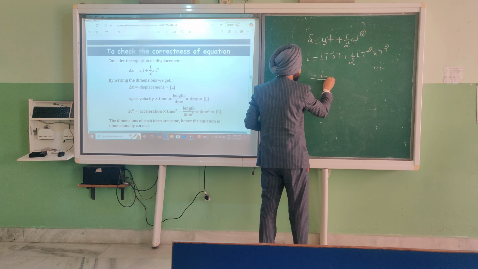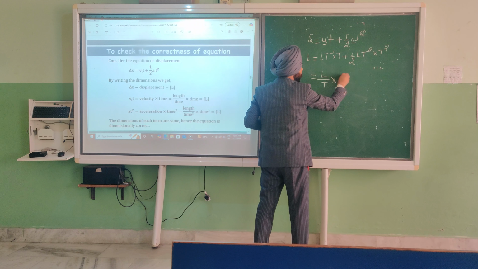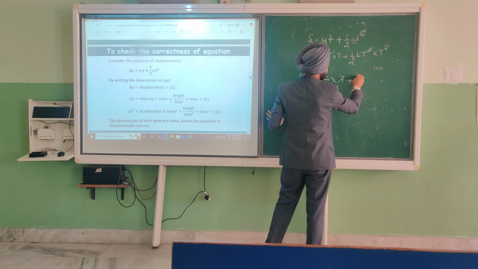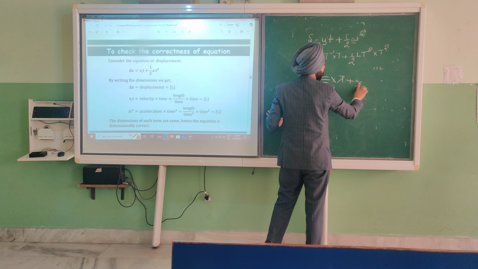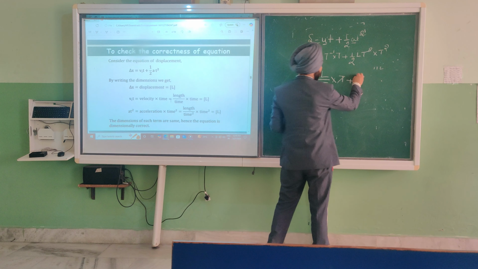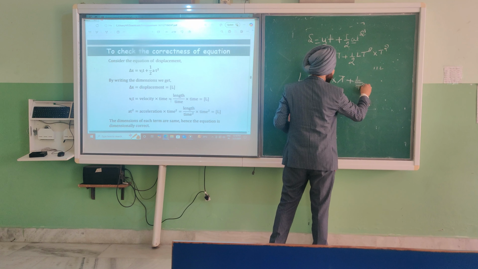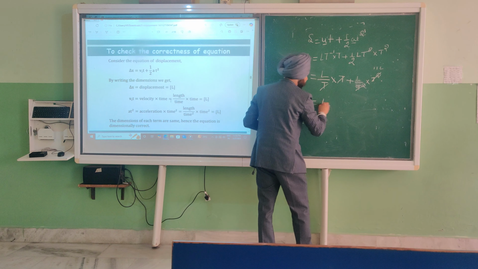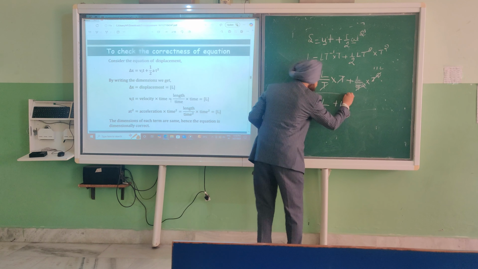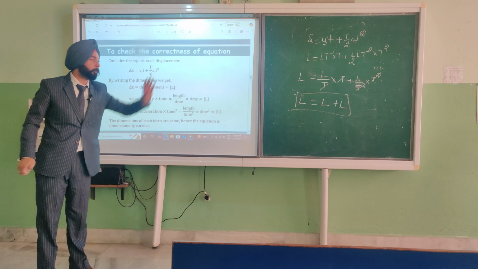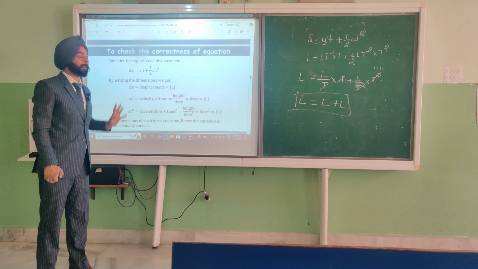Now we can write L upon T into T; T cancels T, this is L. Plus half is a constant, so we do not take that. L T minus 2 multiplied by T square: T square cancels, so L is equal to L plus L. This one is easy, if you are confused, check from this slide.